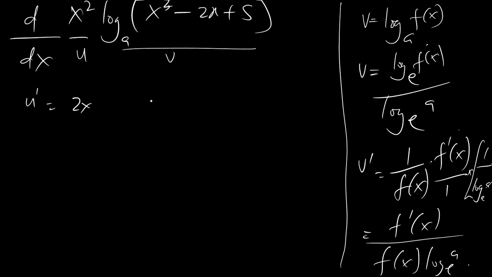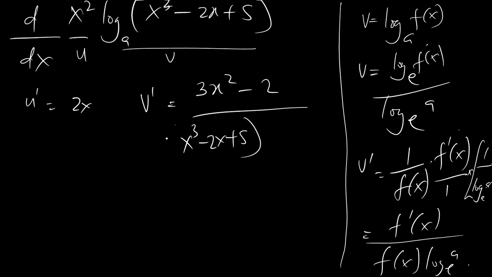So now that means the v prime will now be f of x. The f of x is x cubed minus 2x plus 5. So now f prime will now be 3x squared minus 2 all over f of x, which is x cubed minus 2x plus 5, log a base e.